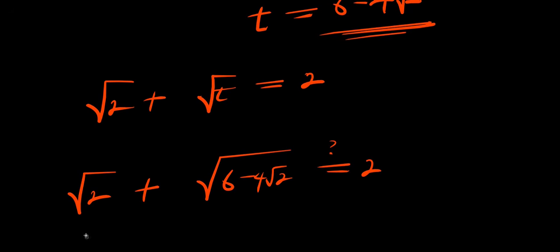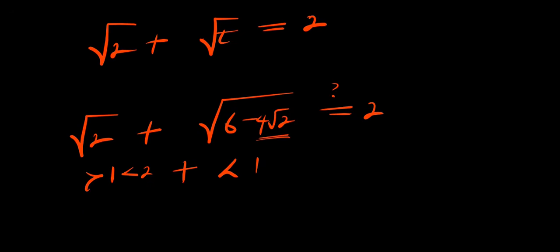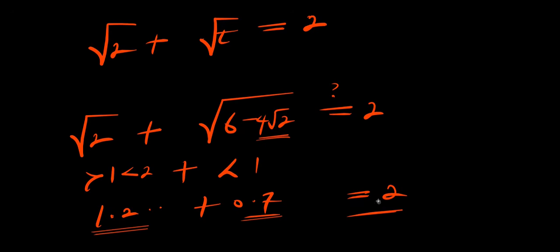This is greater than 1 but less than 2, plus this. 4 root 2 is about 5 point something, so this is about 6 minus 5 point something. Square root of this is less than 1, possibly 0 point something, maybe 0.7. If you add this to this, you definitely have something equal to 2.